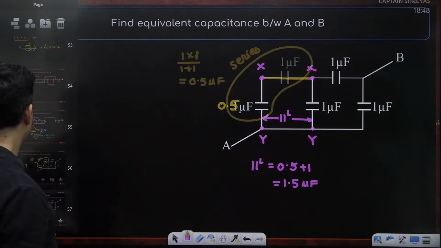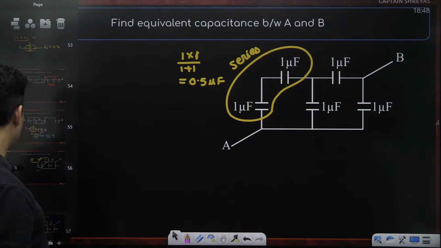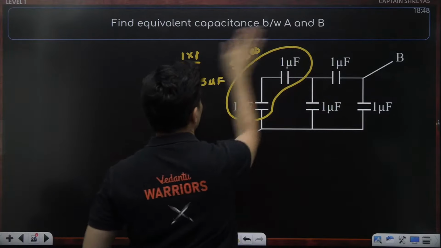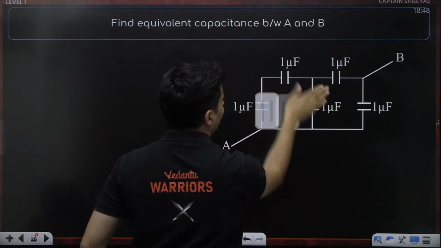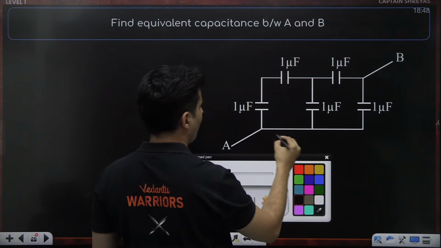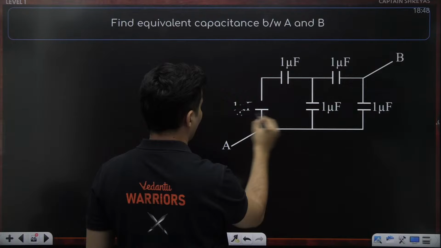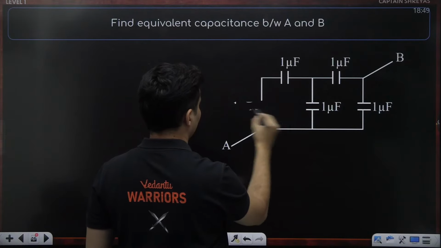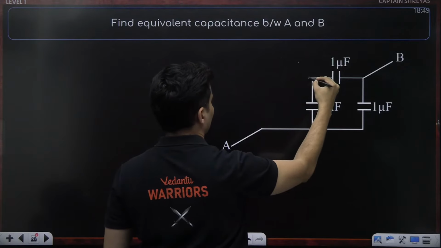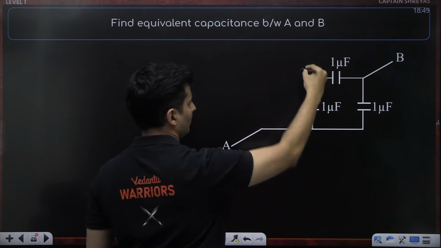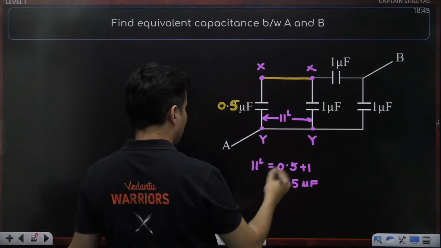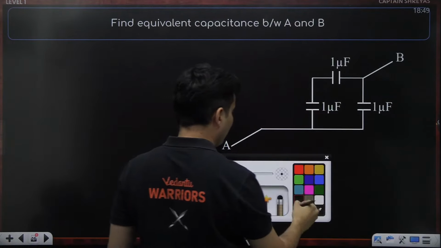Okay. So then what I can do is, I don't need so many capacitors also now. So all of this together is 1.5 microfarad.